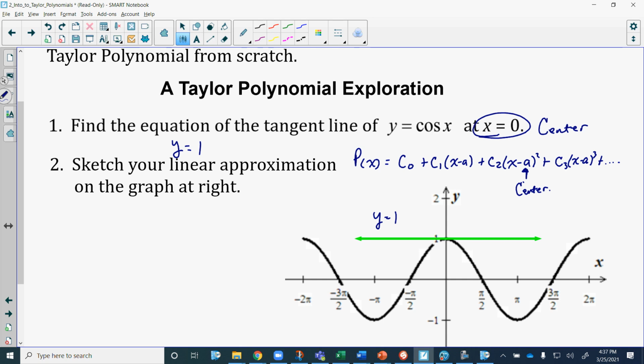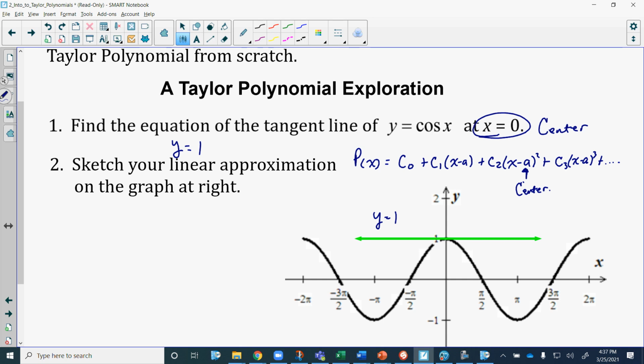And as a tool to approximate the behavior of cosine, it's going to be pretty lousy because it doesn't look anything like it. It doesn't mimic it in any way other than the fact that at x equals 0, they happen to have the same slope of 0. And it doesn't really get much better.